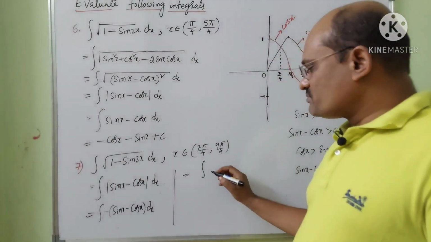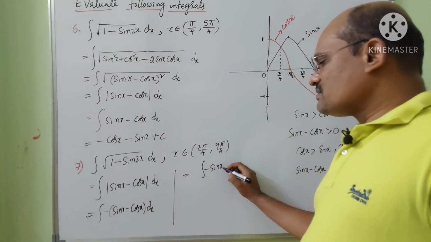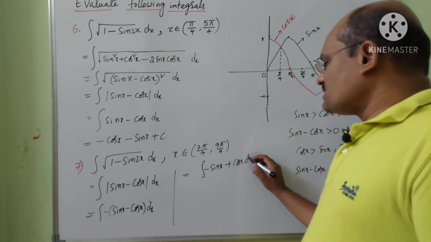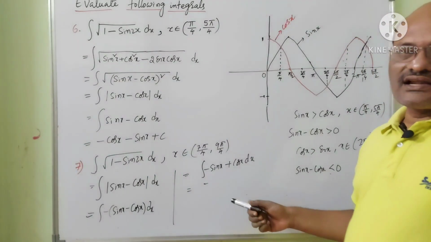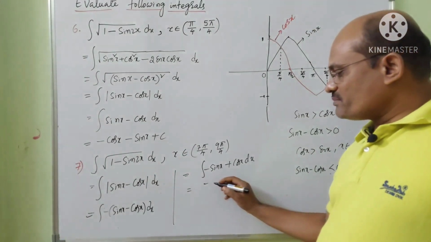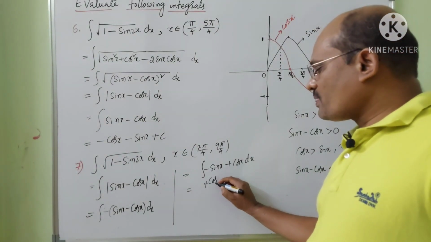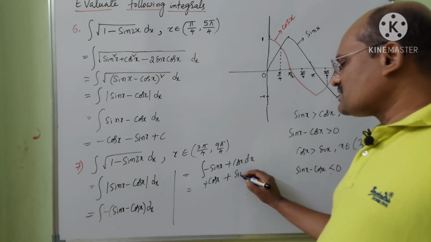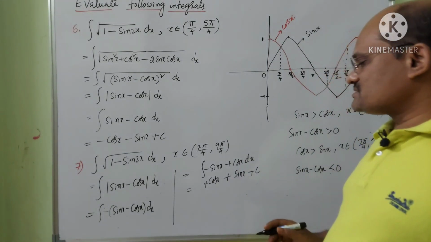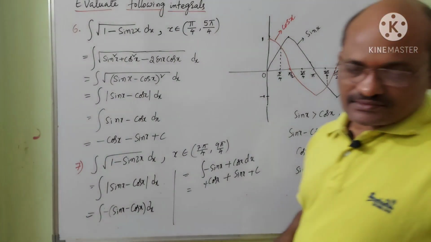If you multiply with minus, minus sin x plus cos x dx. Now go for integration. Minus sin x integration is minus cos x, so it becomes plus cos x. Cos x integration is sin x. So answer is cos x plus sin x.